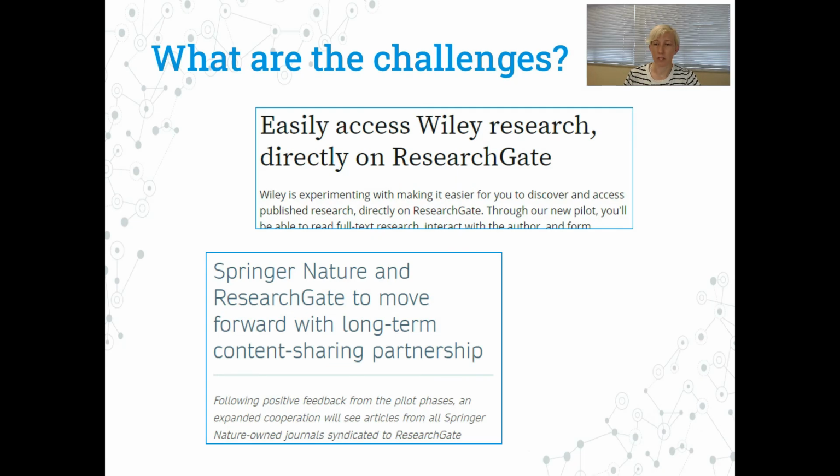So some examples are here. Wiley and Springer are both examples that are moving towards more sharing of research through ResearchGate, so that some of these copyright issues may be a little easier to navigate in the coming years.